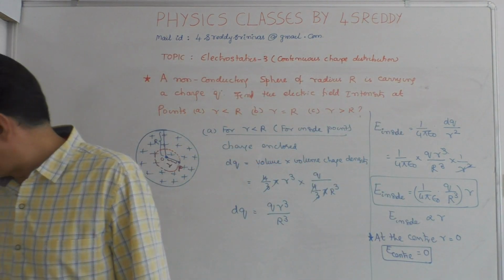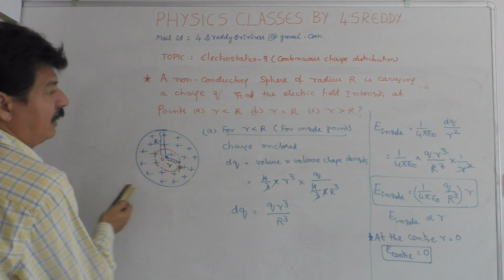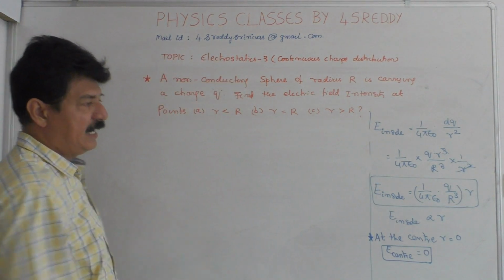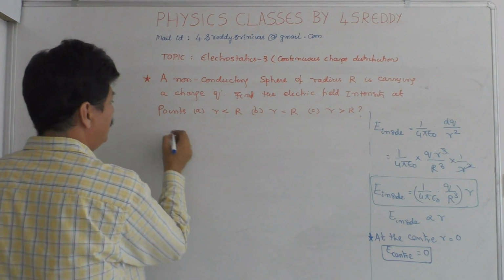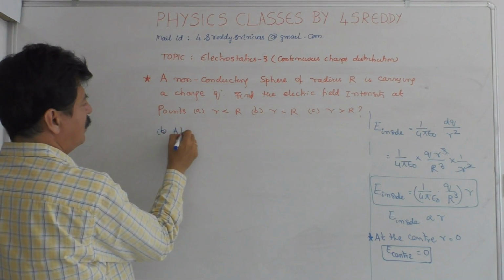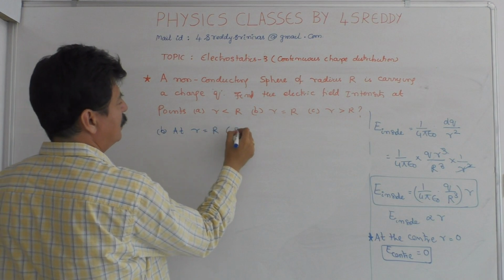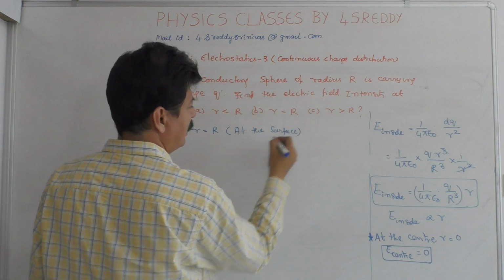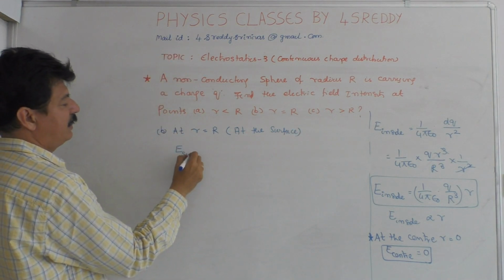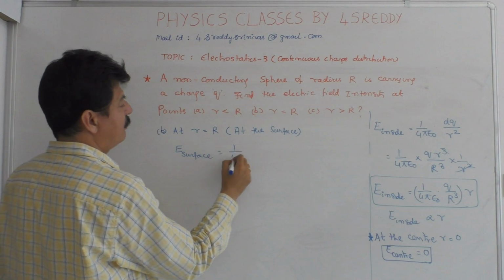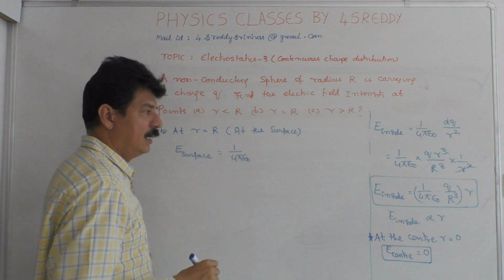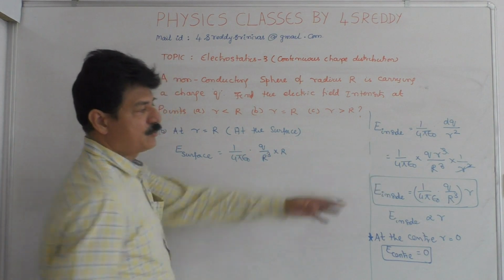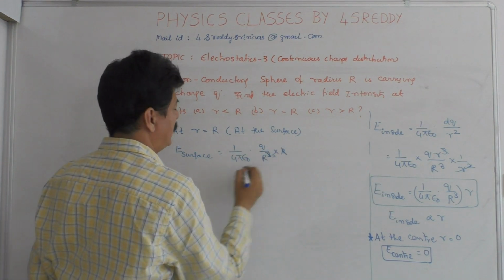This is for the inside point, and for the remaining two it is the same. The second one, B, at small r equal to capital R, that is, at the surface. If you calculate, E at the surface is simply given by 1 by 4 pi epsilon naught into q by capital R cube into r. In place of small r, if you write capital R, these two get cancelled.